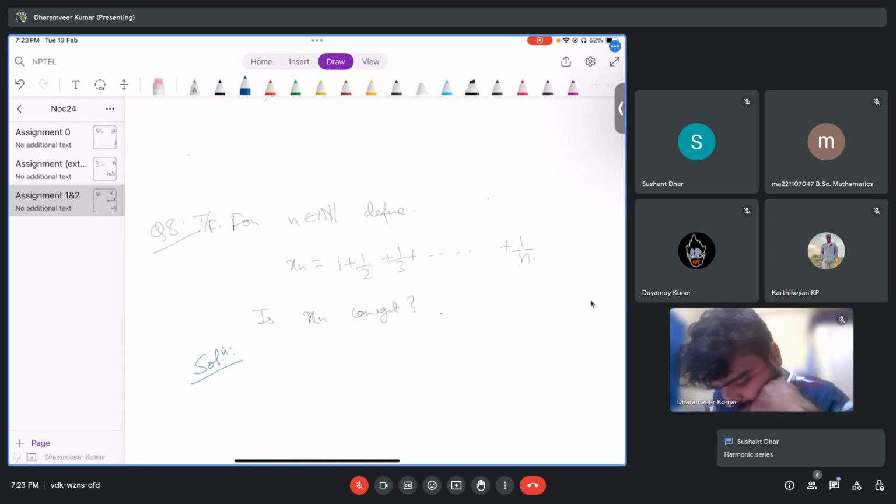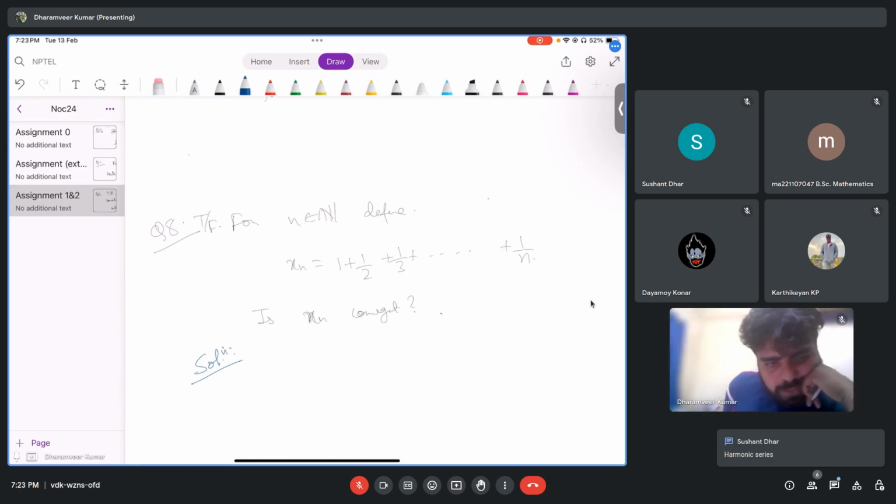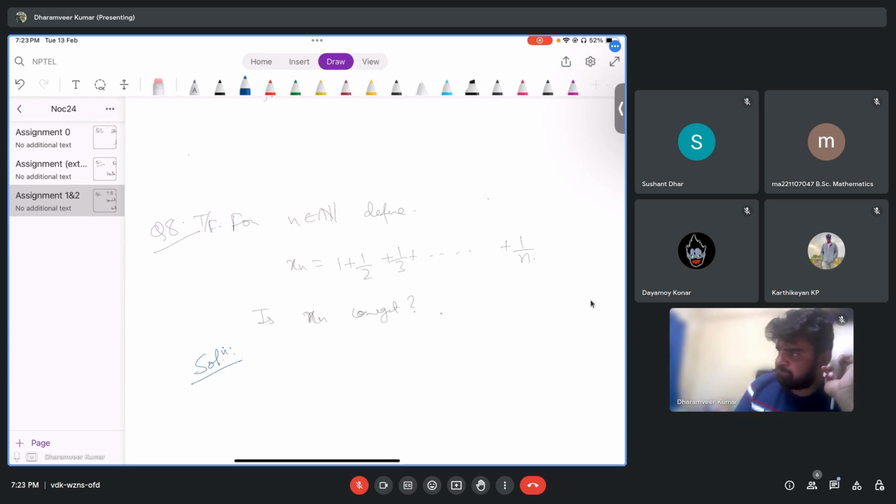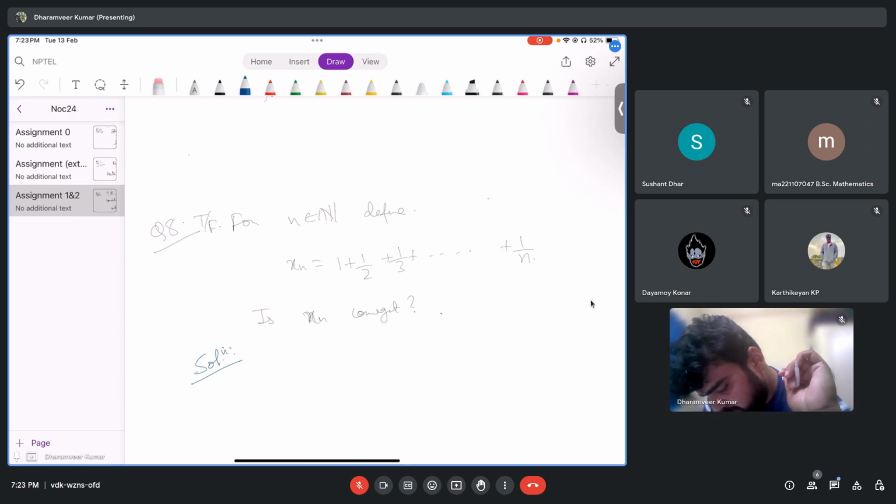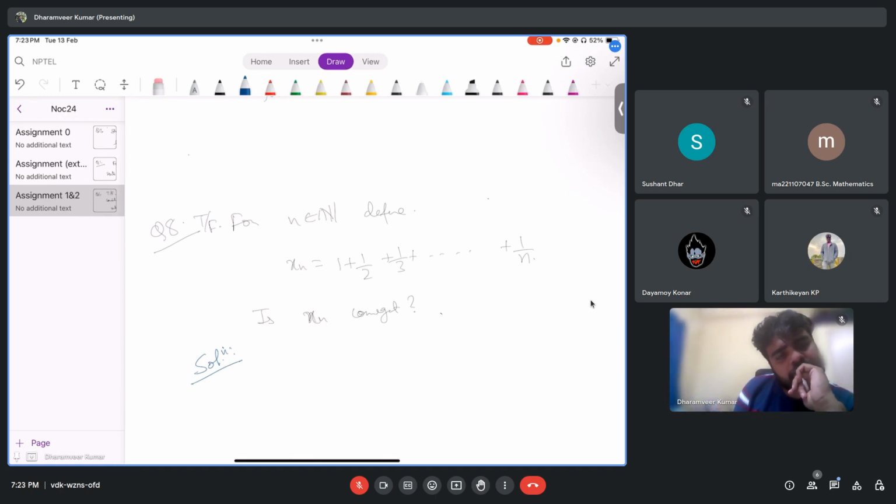There are multiple ways to solve this. I'll do it with one of the methods, but there are multiple methods to solve this.